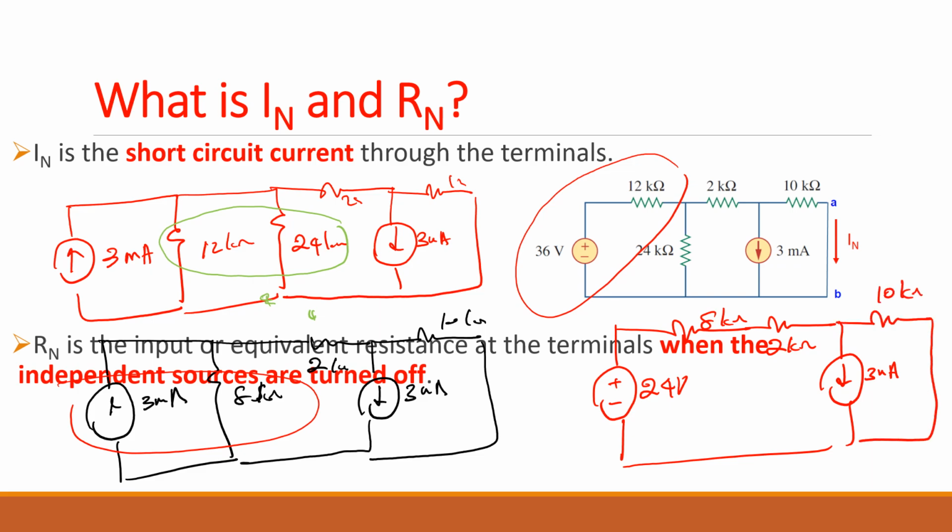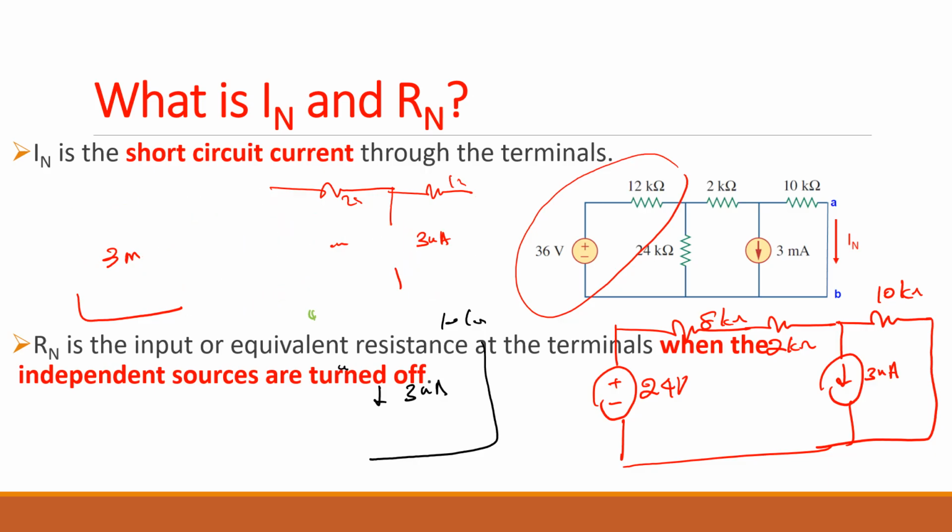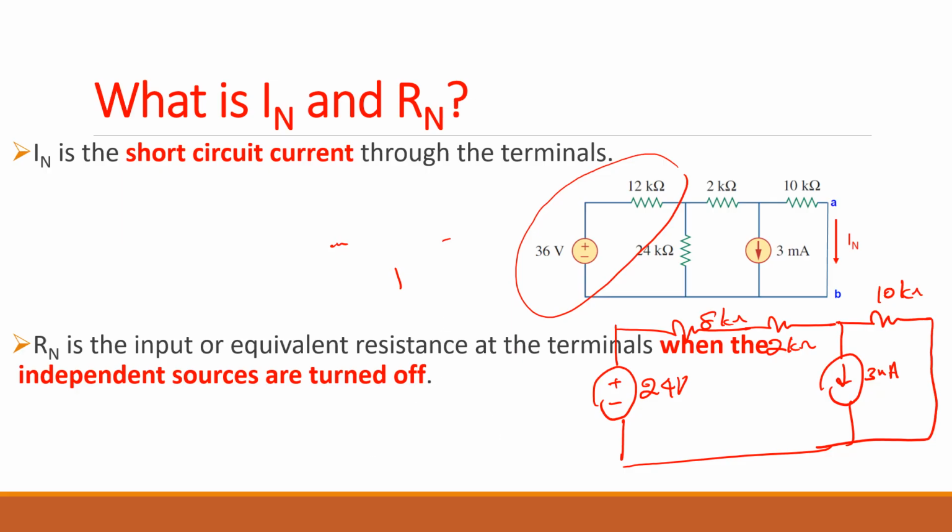Are we good? Now 8 and 2 are what? They are in series. So when you add them together, what will happen? It will become 10. So you have 24 and 10 in series.